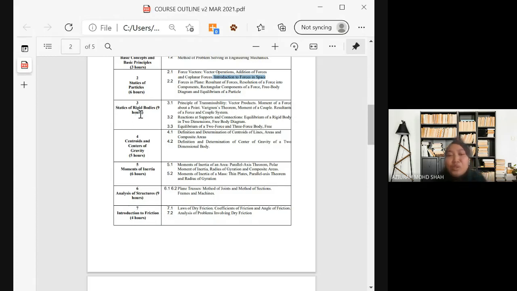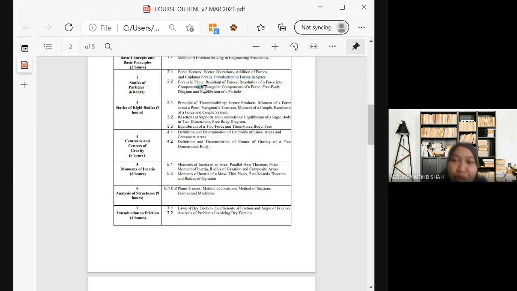Okay, so right now, you tulis dulu dekat notes kamu, dalam statik ni, benda yang sangat-sangat penting dan basic adalah, pertama, kita ambil rectangular components. Tulis dulu rectangular component.